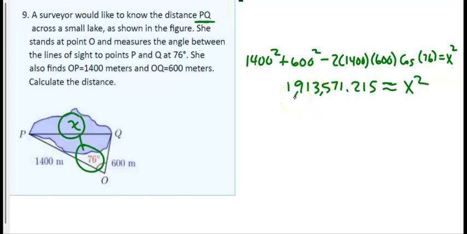So we get 1,913,571.215. And then take the square root of that. Final answer is 1,383.319 meters.